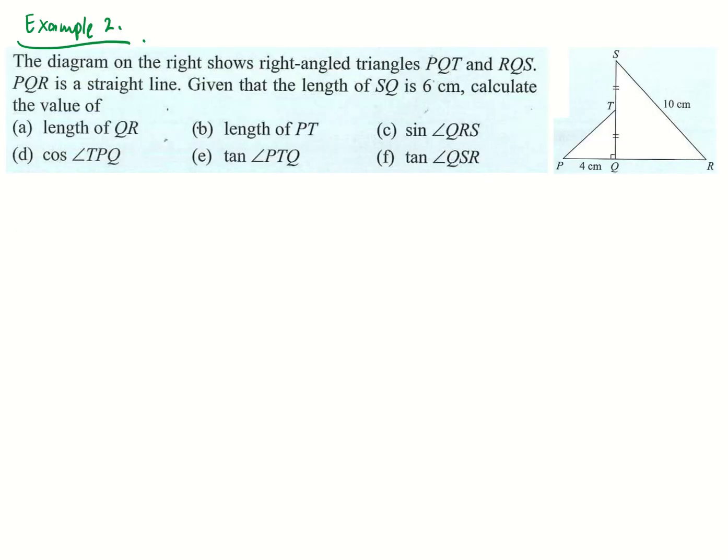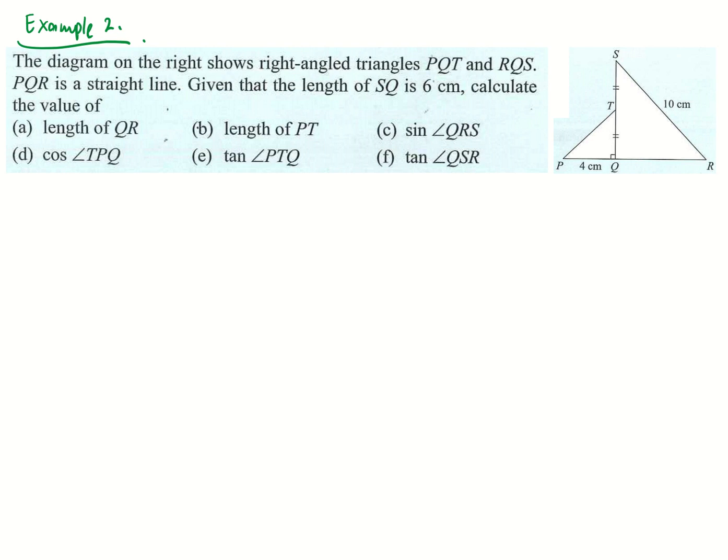Okay, next, example 2. The diagram on the right shows right angle triangles PQT and RQS. PQR is a straight line. Given that the length of SQ is 6 cm.